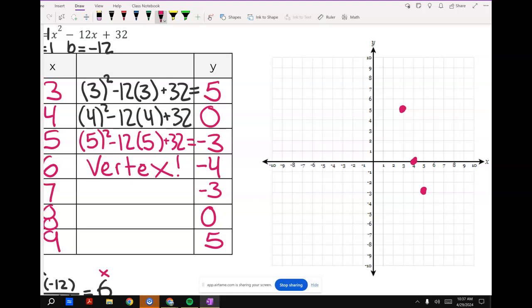Our vertex is 6, -4. 7, -3. Then we're at 8, 0. And then we're at 9, 5. Now nice swoop through our points, and we got our last quadratic.